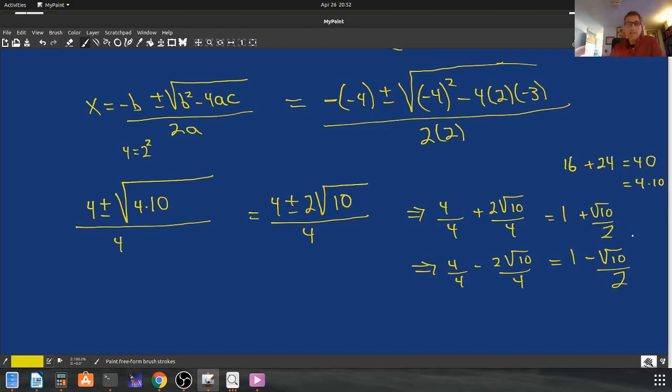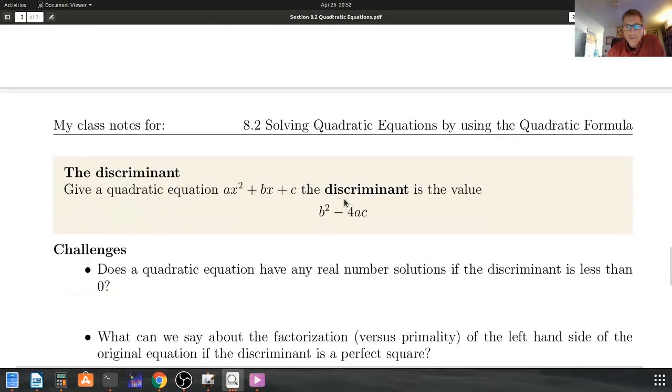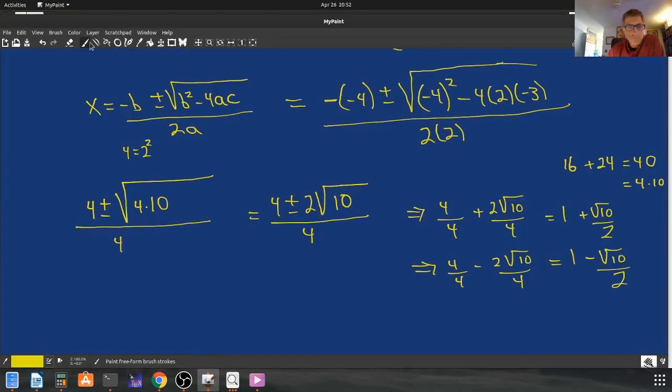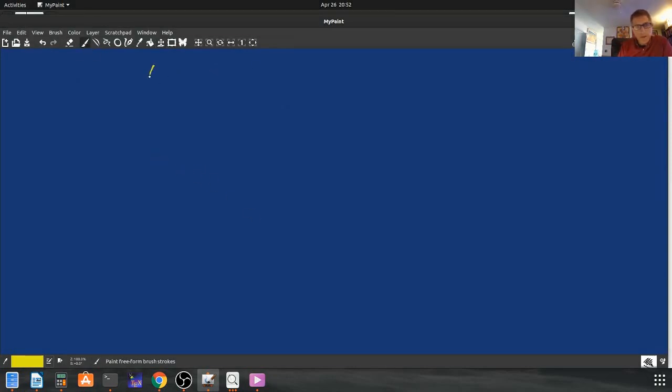And we only have one last thing that we're going to look at. And it's a really important part of the analysis using the discriminant. So when we look at the quadratic equation, again, sometimes it's called the quadratic formula, doesn't matter, minus b plus or minus the square root.